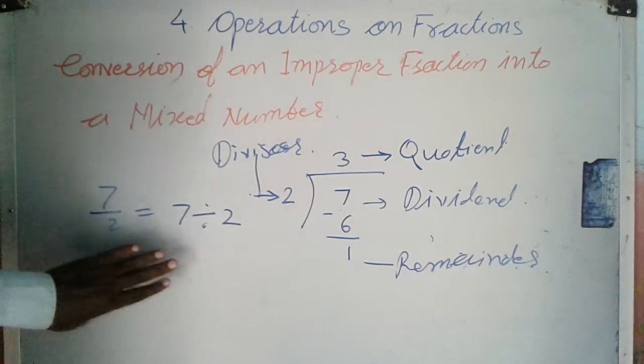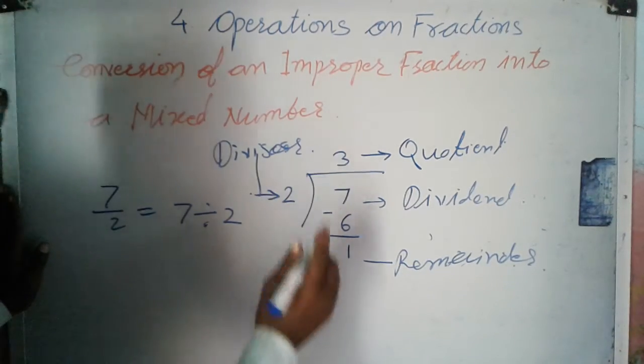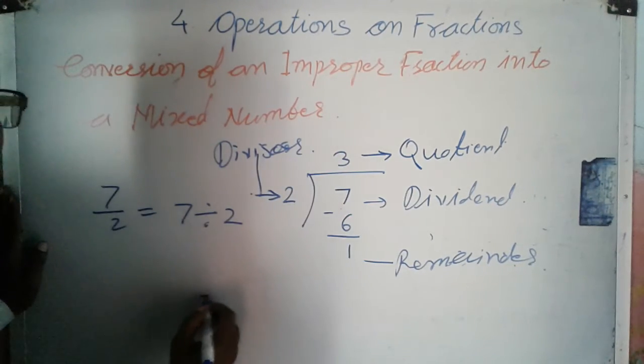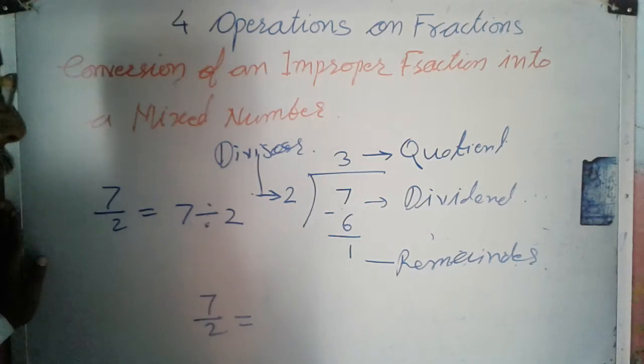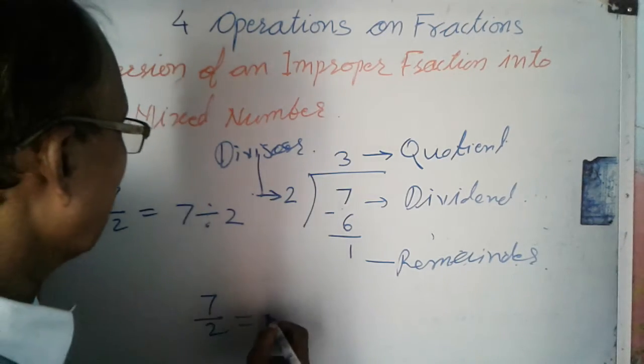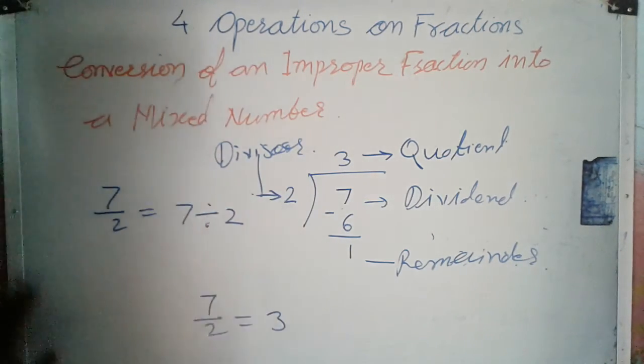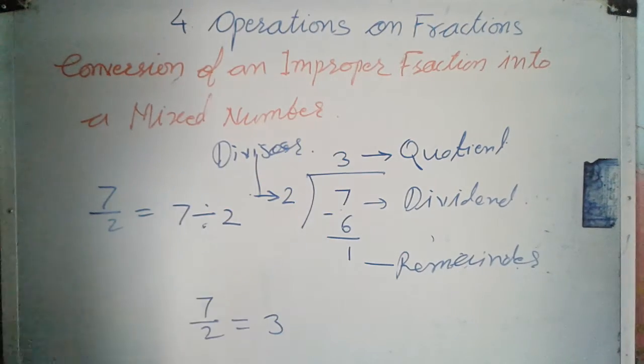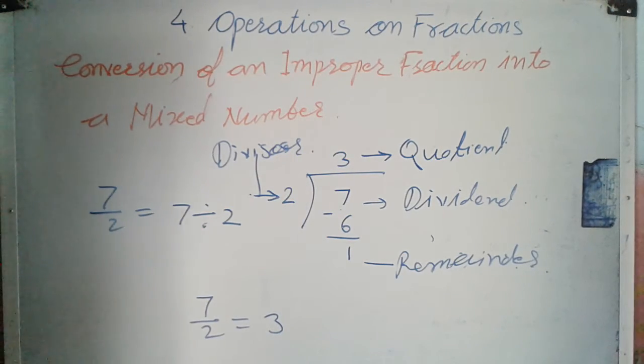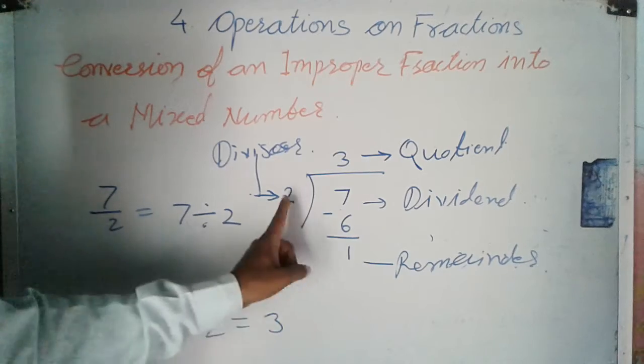Now to write this as a mixed number, here the quotient is 3. First write 3. That means there are 3 full apples here. And the remaining 1 apple is divided into 2 equal parts.